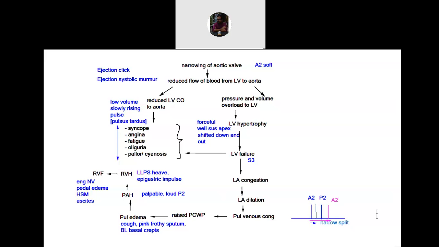Okay, the next question. Austin Flint murmur is not. So which is incorrect about Austin Flint murmur? Okay. So let us start with the diseases of the aortic valve and we'll come back to these questions.